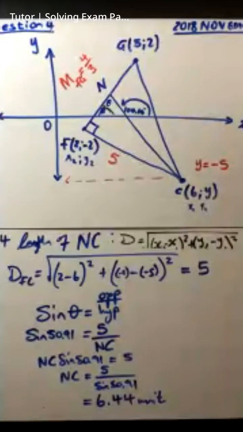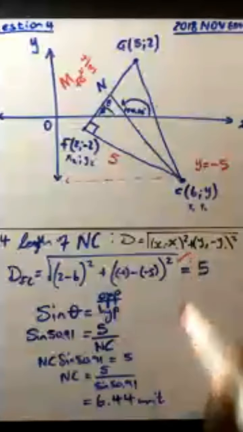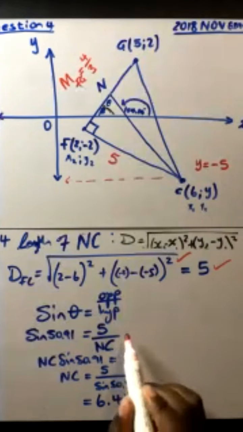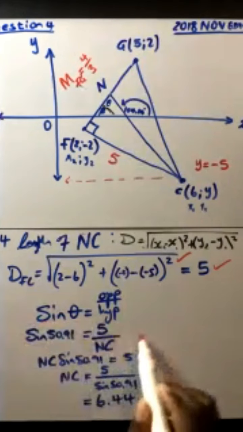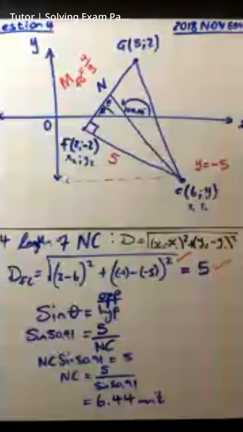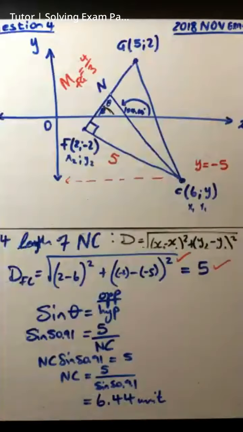For correct substitution into the distance formula, we give you a mark. Guys, for the length of FC, you also deserve a mark. For correct formulation of the equation, we won't give you a mark in mathematics because you are given a formula sheet.